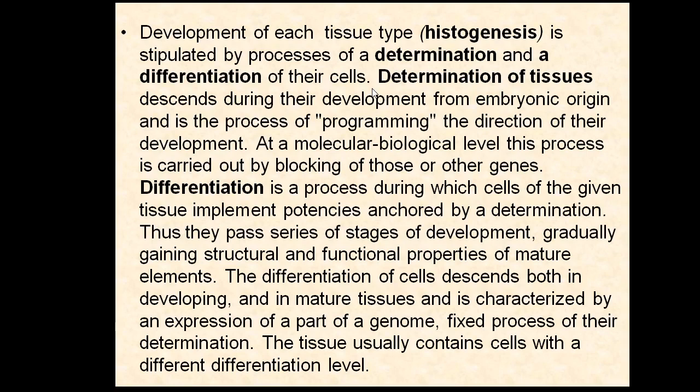It means that all their genes are opened and can work. But step by step, from these primary cells appear cells of ectoderm, endoderm, mesoderm. Then this ectoderm and mesoderm give rise to mesenchyme, to different types of epithelium, to types of connective tissue.